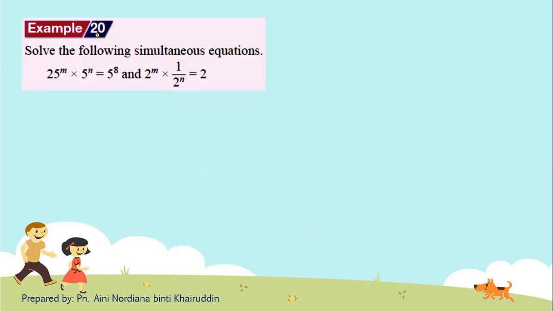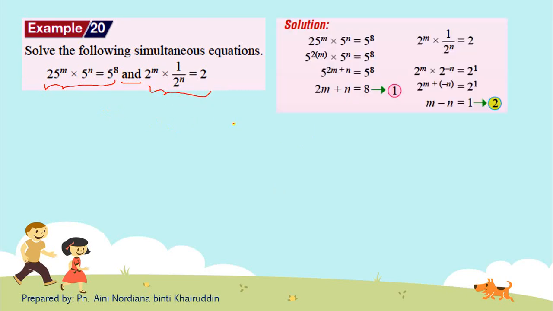So example 20, solve the following simultaneous equations. So you have two equations here. Okay, have a look at this first. 25 to the power of n times 5 to the power of m equals 5 to the power of 8. So look at this, this is base 5.